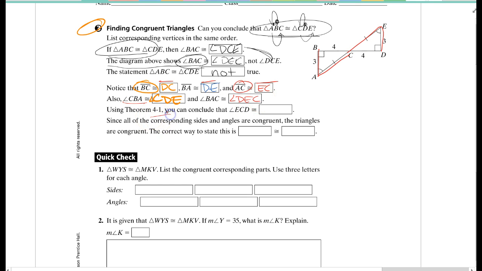So, using theorem 4-1, which says, if two angles of one triangle are congruent to two angles of another triangle, then the third angles are congruent. So that tells me that ECD has to be congruent to ACB.